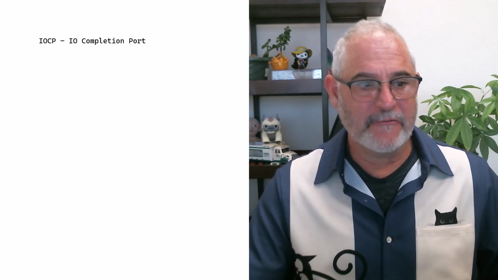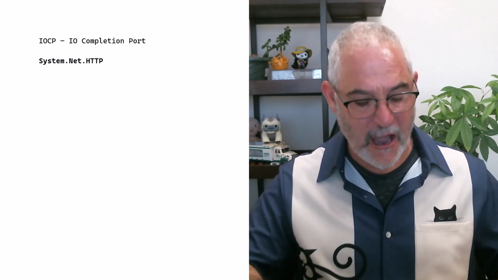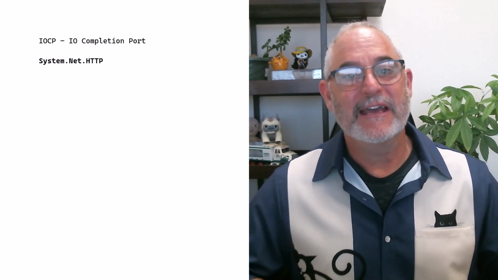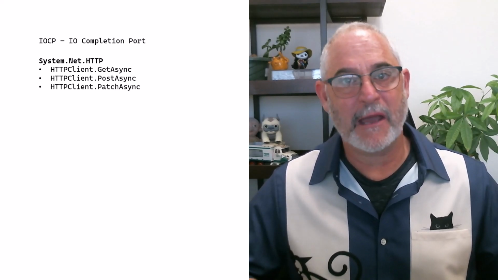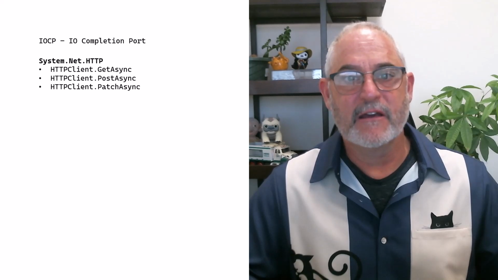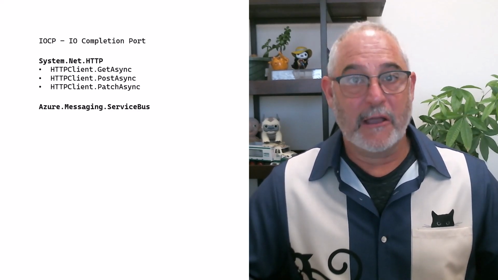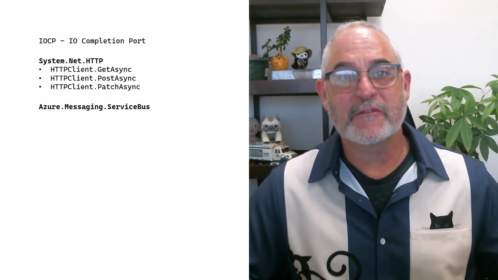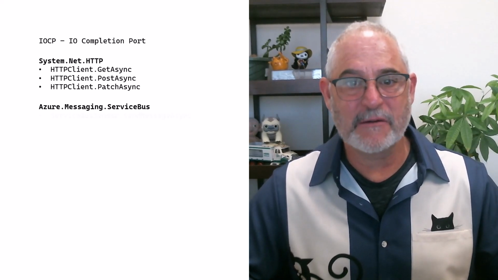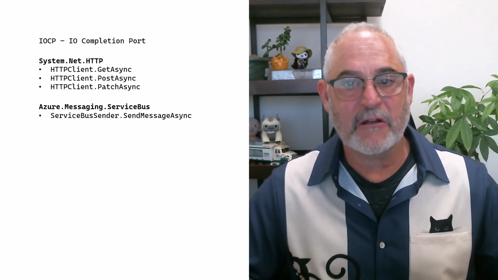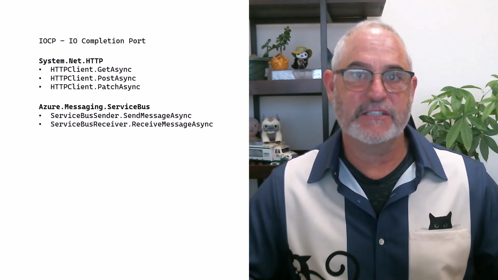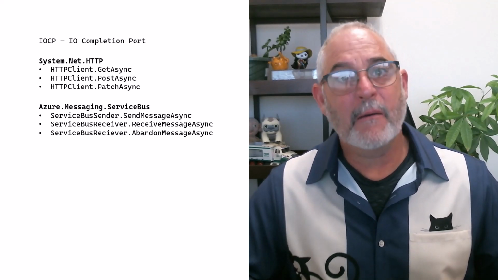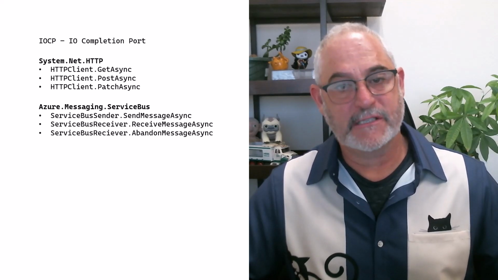There are a lot of them, and I wanted to list out some of the common ones. We've already seen, in System.Net.Http, HttpClient.GetAsync, and of course PostAsync and PatchAsync and others, put and delete. In addition, there are other libraries like Azure.Messaging.ServiceBus. I've got a whole series on Azure Service Bus, and within that, you've got ServiceBusSender.SendMessageAsync, ServiceBusReceiver.ReceiveMessageAsync, ServiceBusReceiver.AbandonMessageAsync, and many others.